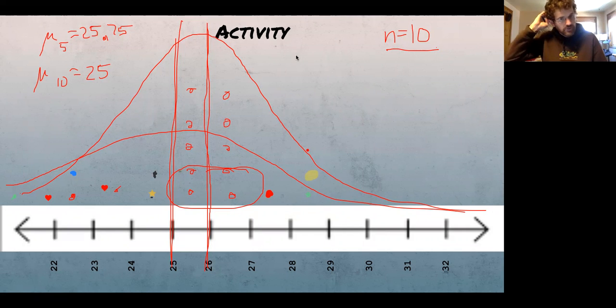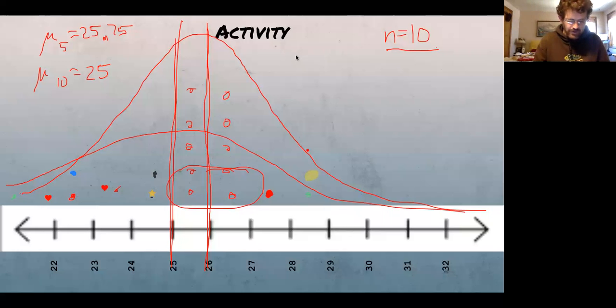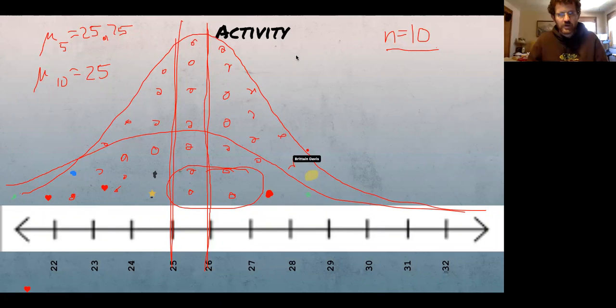So sometimes these activities that are supposed to illustrate the concept, sometimes they backfire a little bit. And this one, I'm not sure illustrated it very well. But if you can follow along with this, if we did have a lot, we should see a lot more filling in right in here. All right, and we would see a lot more kind of a normal distribution of what's going on. So that is the idea of sampling distributions.